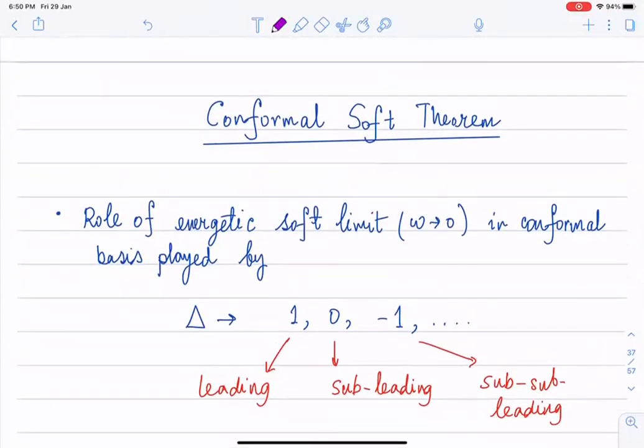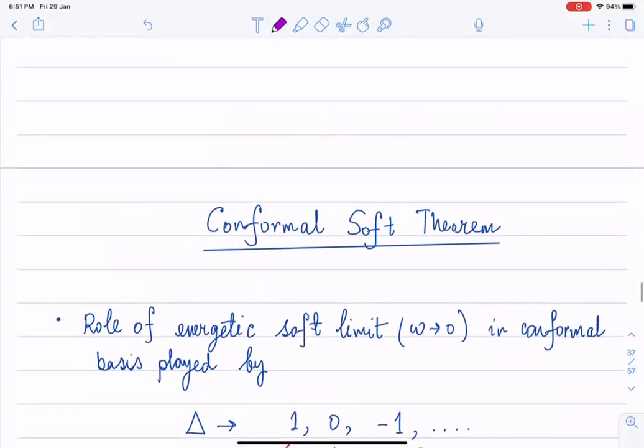Okay, great. So now what are these conformal soft theorems? Of course, when we go to this conformal basis, if you recall the definition of the conformal basis states, we have an integral with respect to the energies of the particles.